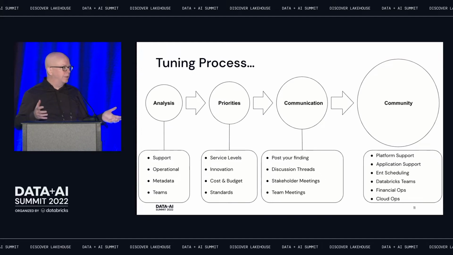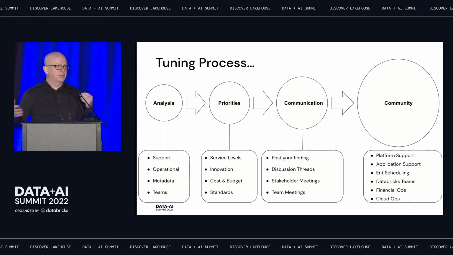When you do find something, an insight, you solve a problem, hopefully you're communicating that to your community. You're posting that out there so that others can learn from that and do better with their next set of jobs that they build. You're participating in discussion threads in Slack or Teams.